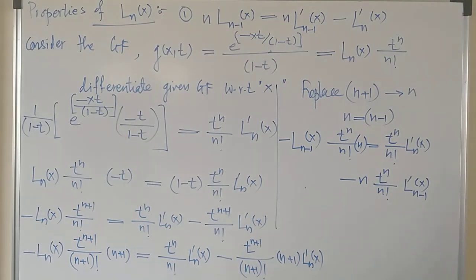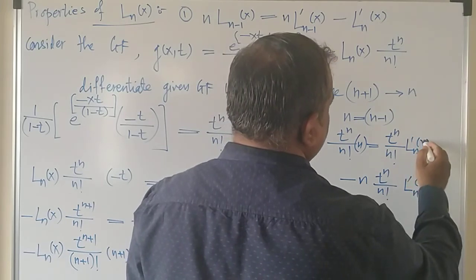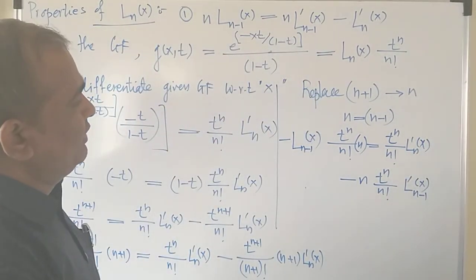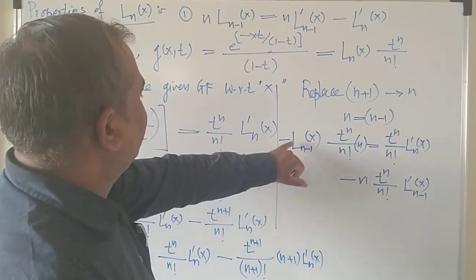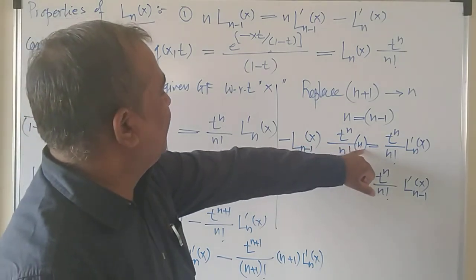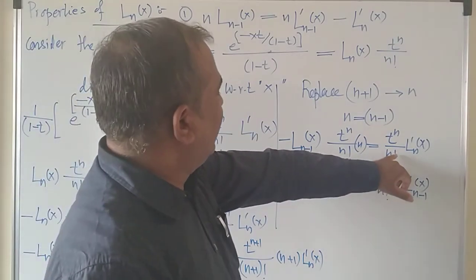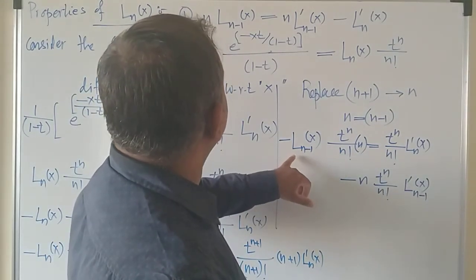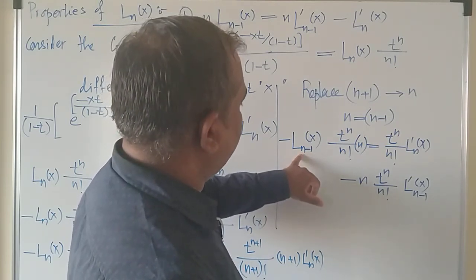So you got this kind of relation, and you can have a look at the above equation so that you will get some surety whether you are on the right track or not. On the left hand side you are having minus n L_{n-1}(x), and it is having a coefficient n. That's okay. Here L_{n-1}, this was there, but it's not having a dash.